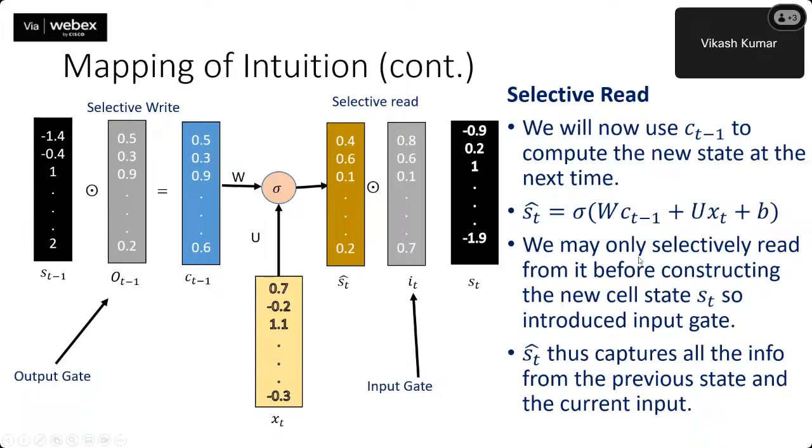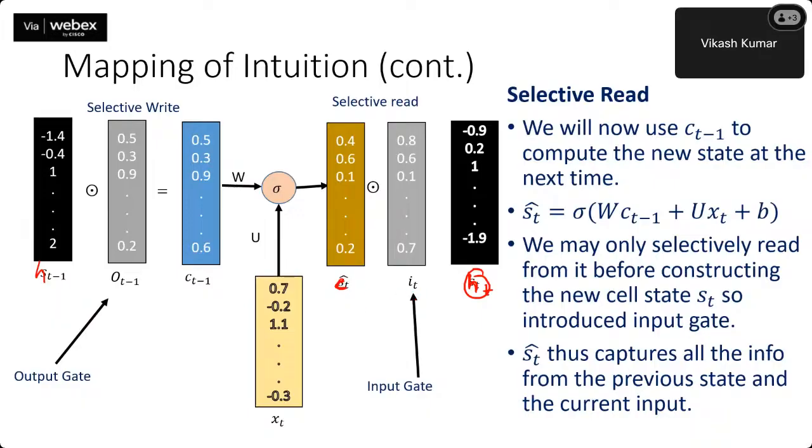The goal of the selective read is to produce this HT, isn't it? This is HT minus 1. This is CT.